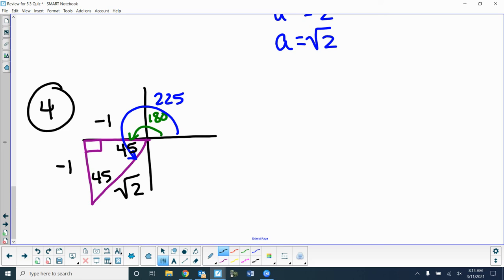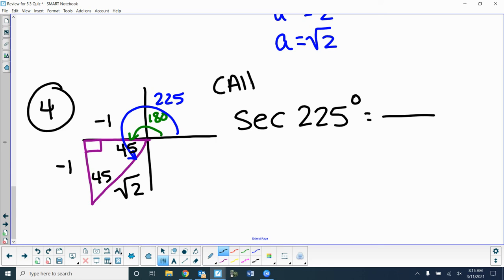I'm looking for secant. So again, do not just put this in your calculator. What's that the reciprocal of? Sine, cosine, or tangent? Cosine, right? That's the reciprocal of cosine. Remember, cosine is this. So we're flipping it. Hypotenuse over adjacent, all right?